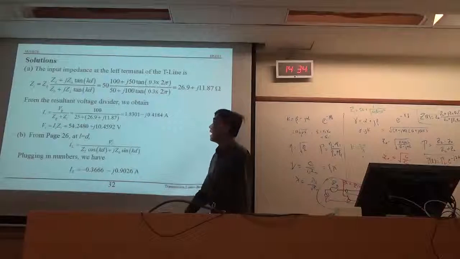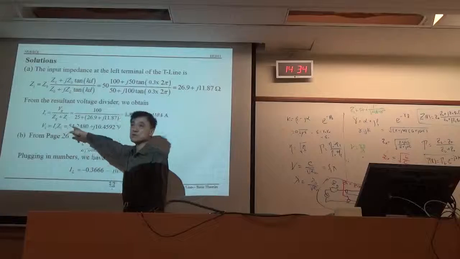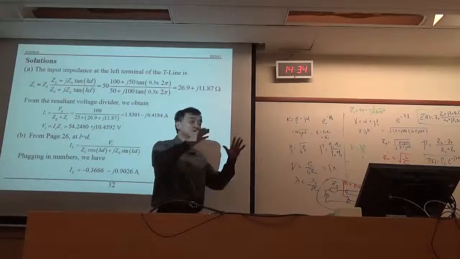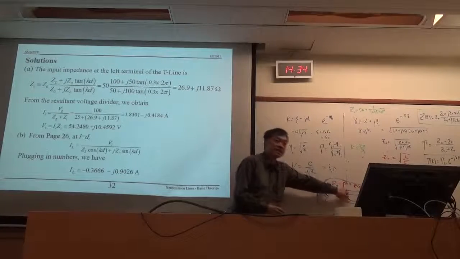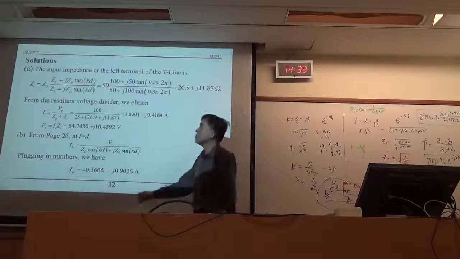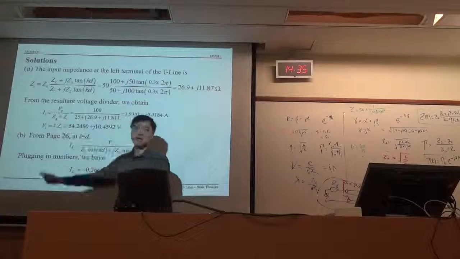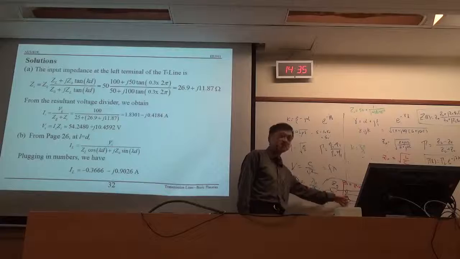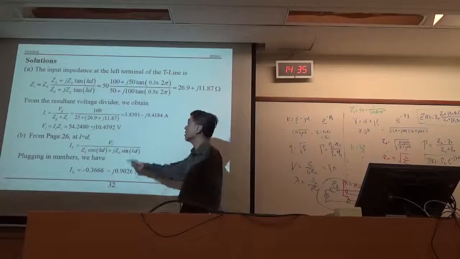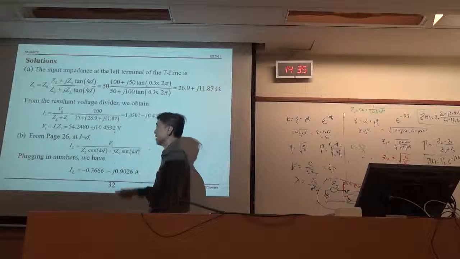Using the Thevenin equivalent, the whole circuit is replaced by Vg, Zg, and Zin. So Ii is equal to Vg over Zg plus Zi. This is Ohm's law. And Vi is equal to Ii times Zi, from there.